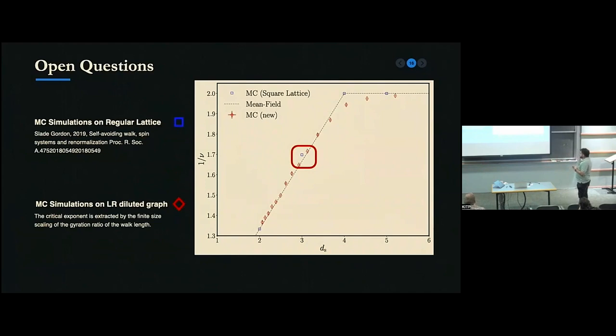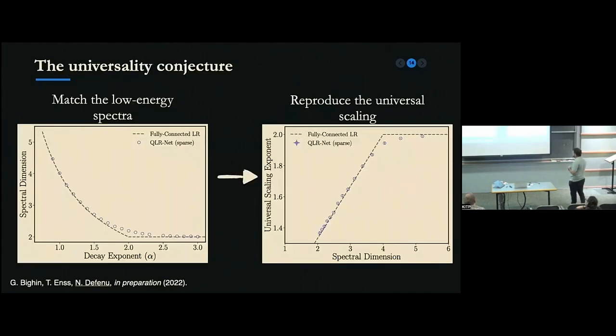And also in the results that I've shown you before, there is something interesting because here I compare with the expected values for the fully connected long-range interactions. And these values are expected to be not exact, but very good because this model has some hidden supersymmetry that makes it almost solvable, let's say.